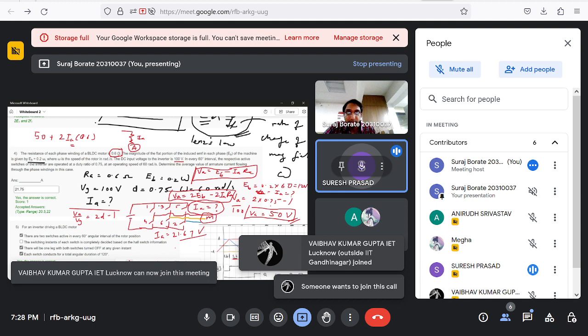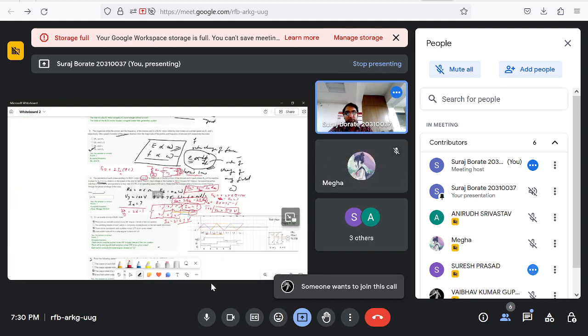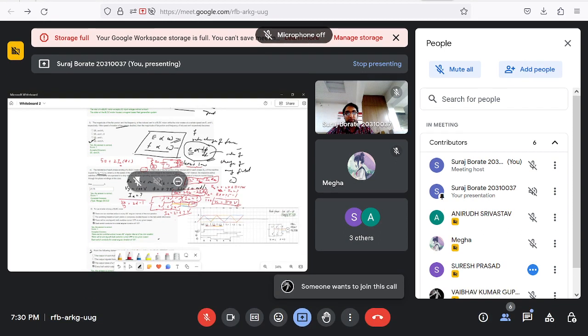This motor has both your winding and the resistance, and then we used to say that the total voltage is VA.